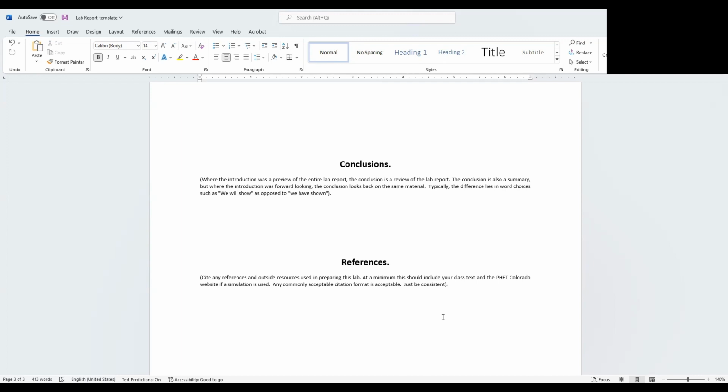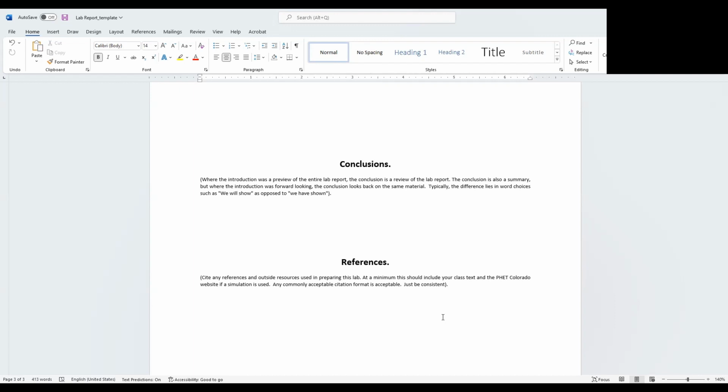So it's always important to reference what documents, what resources we used. When I say resources, I'm talking about videos, documents, books, papers, etc. Simulation websites, so you can reference this here.